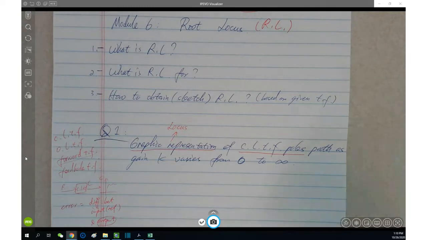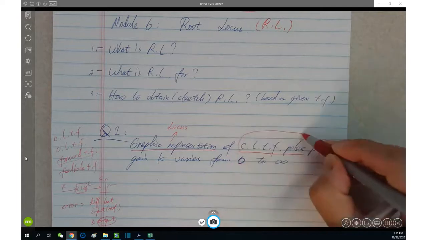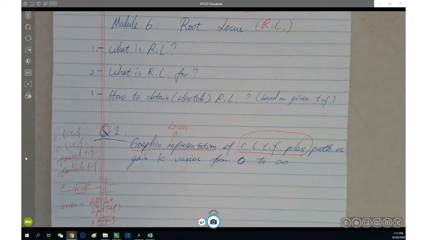All right, going back to this locus once again. Remember this very firmly. This is something you can never forget. It's a locus, or say a path, of closed loop transfer function poles. However, given a particular specific system, you can only have a limited number of closed loop poles.